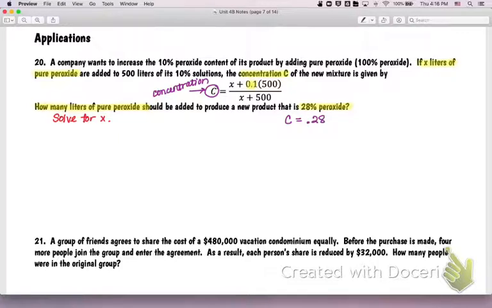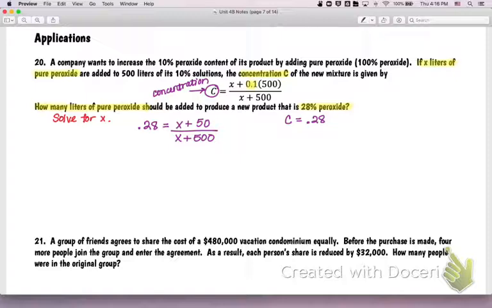So we need to solve the equation. 0.28 equals X plus, we can go ahead and multiply that out, 0.1 times 500, that's 50, over X plus 500.